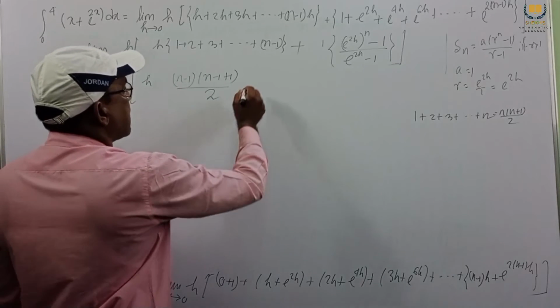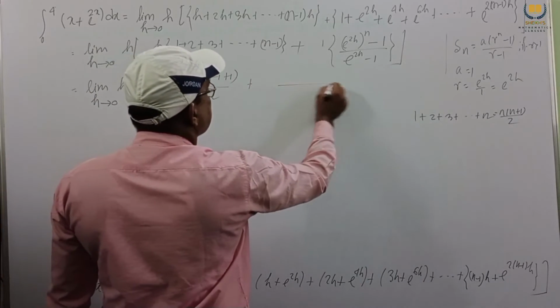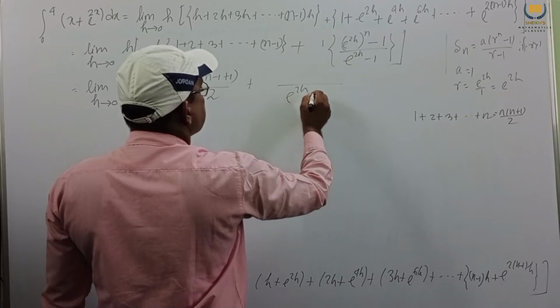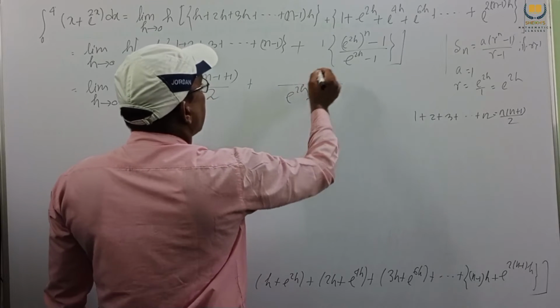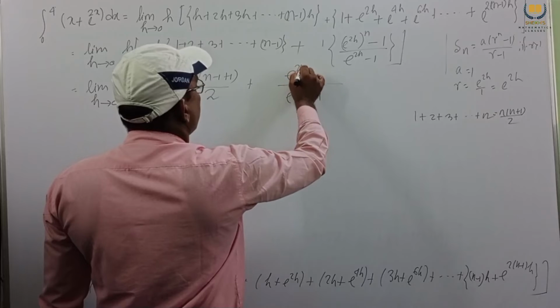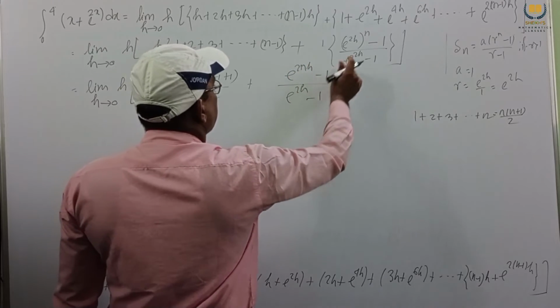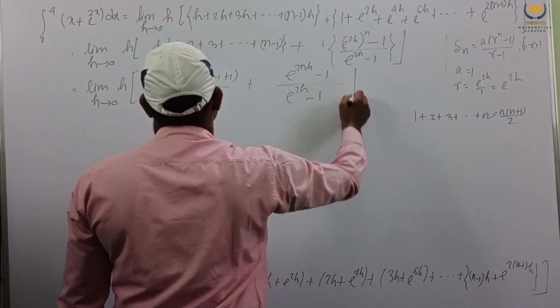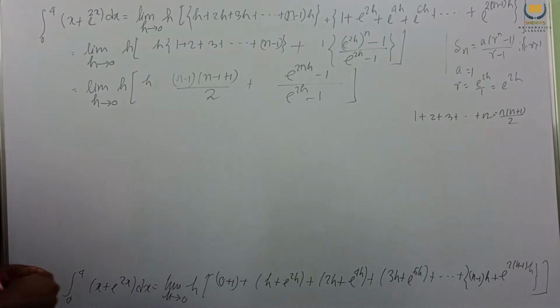We get this, and this is (e to the power 2h minus 1) and (e to the power 2nh minus 1). 2nh, we get this one.